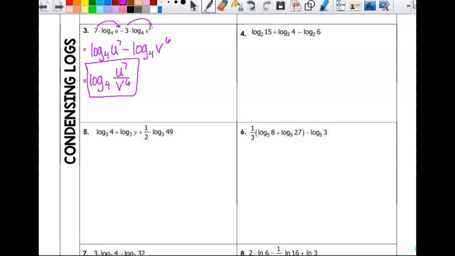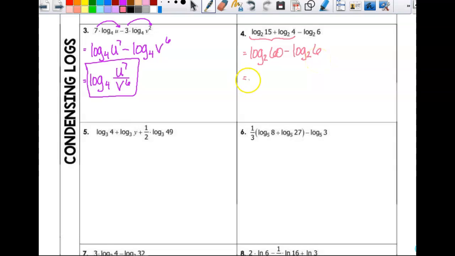All right, so then number 4, we have 3 things there, but we can only really do 2 at a time. So we can combine those first. They have the same base, so that'll give me log base 2. And then when I multiply them, what's 4 times 15? 60. And then I have minus log base 2 of 6. Right?